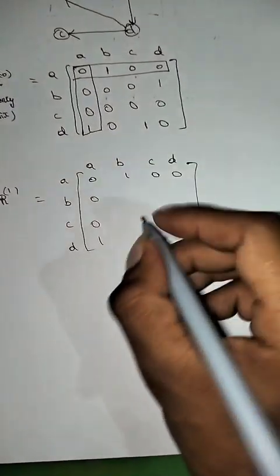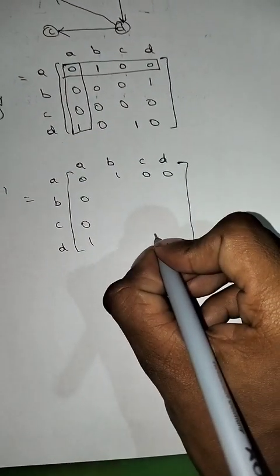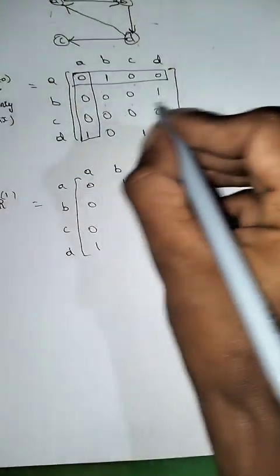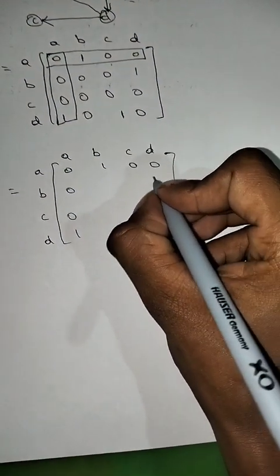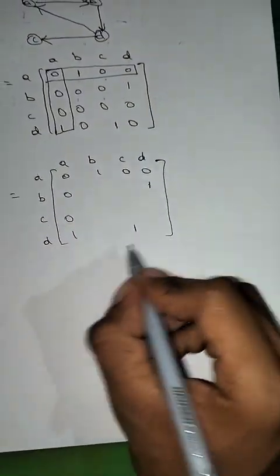And where there are 1s, we write them the same as they are. D to C is 1 and B to D is 1. And the remaining values we have to find.